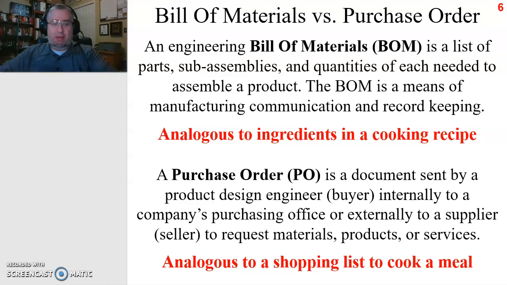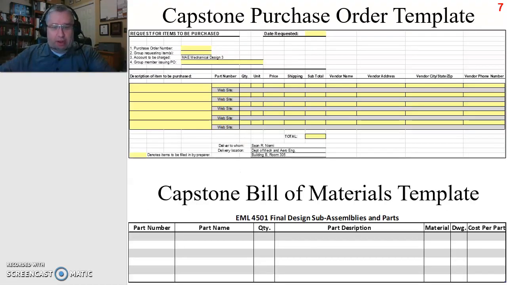So anyway, that's why we have both of these separate documents, and what differentiates them, at least in my experience, in terms of the type of companies you would work at, and whether you would have to do one versus both. So, okay, let's move on.